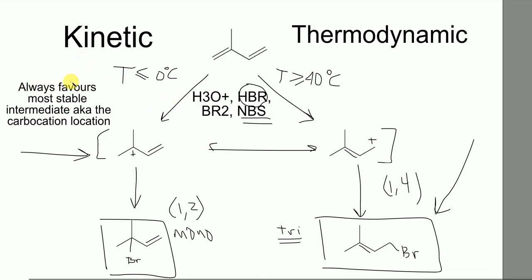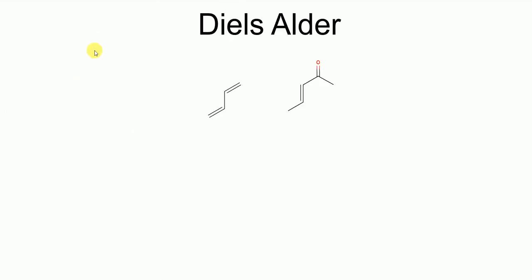Now let's talk about the more challenging problem, which is Diels Alder. Okay. All right. So here's the basic setup for a Diels Alder reaction, and essentially what you need to know about Diels Alder is that it's a reaction that we use to combine essentially two molecules, and we're going to cyclize.